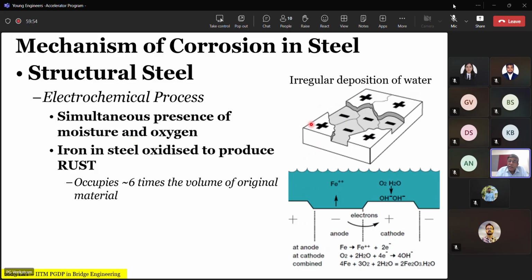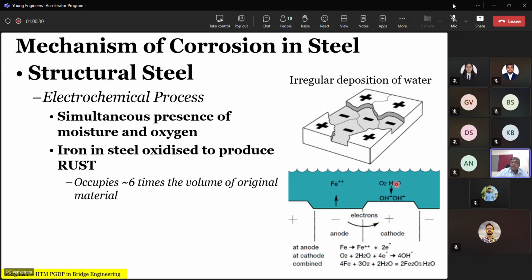So what happens is, let us say there is a piece of iron and you have a deposition of water in some place and no moisture in the other place. Where there is no moisture, they become the anode and negatively charged, and where there is water, the electrons are lost into the water, and you end up having the formation of OH ions there.